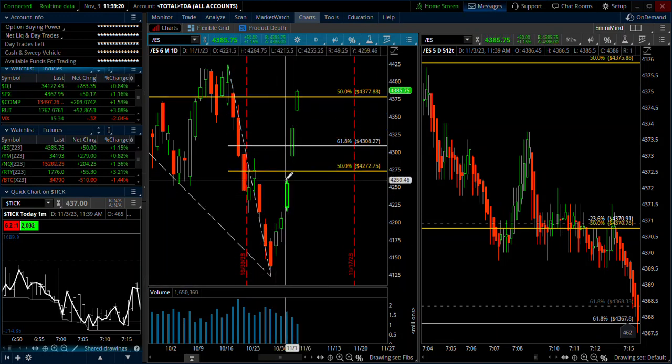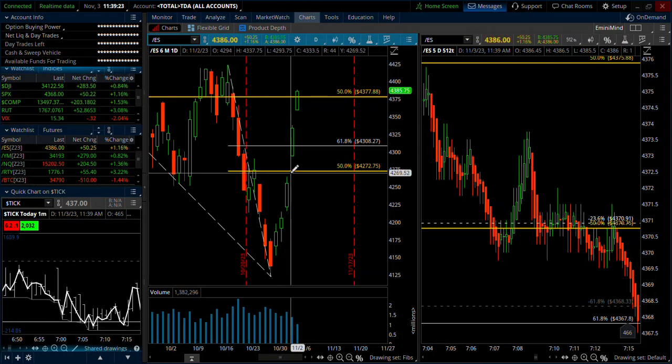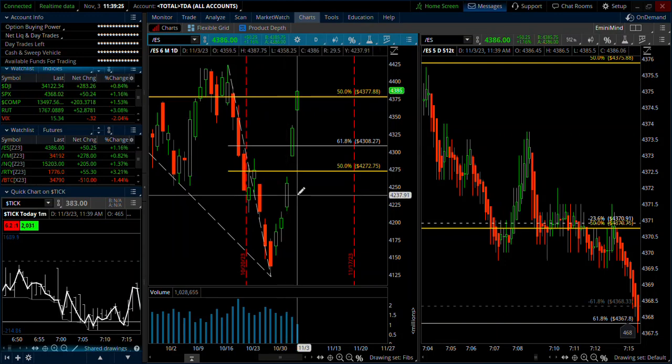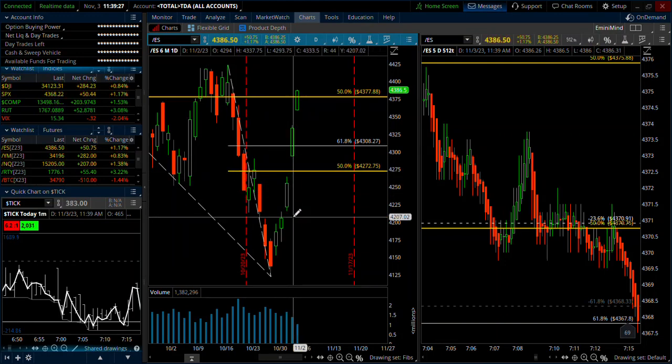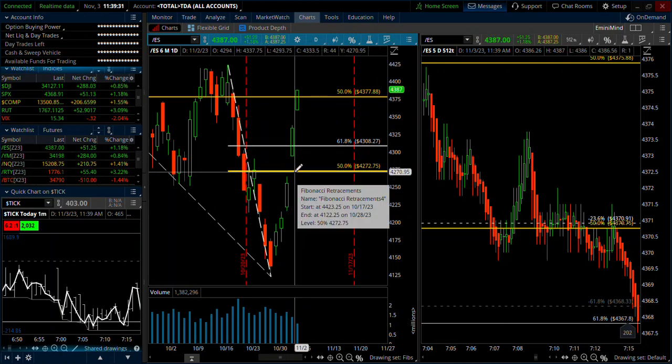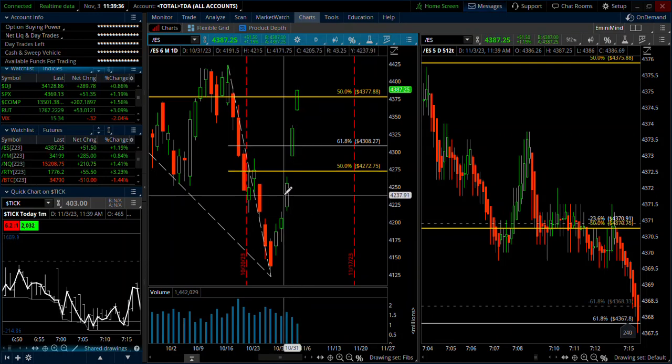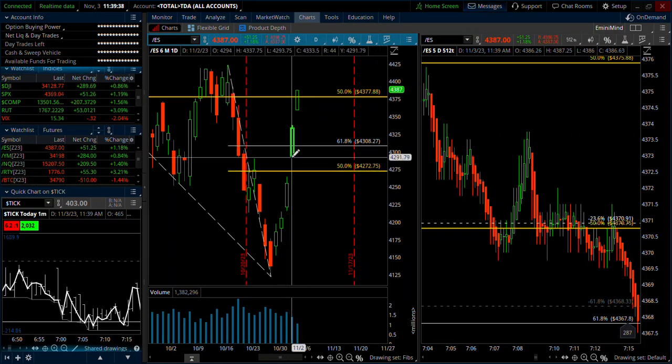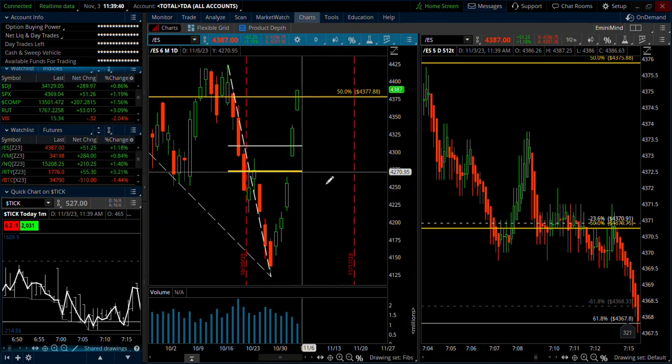On Wednesday we came up to the 50%. Probably could have passed on them. We weren't exactly at the 50, but I bought the puts in as a safety insurance in case we gap down on Thursday. And when we gapped up on Thursday, I just went to the 15-minute chart.